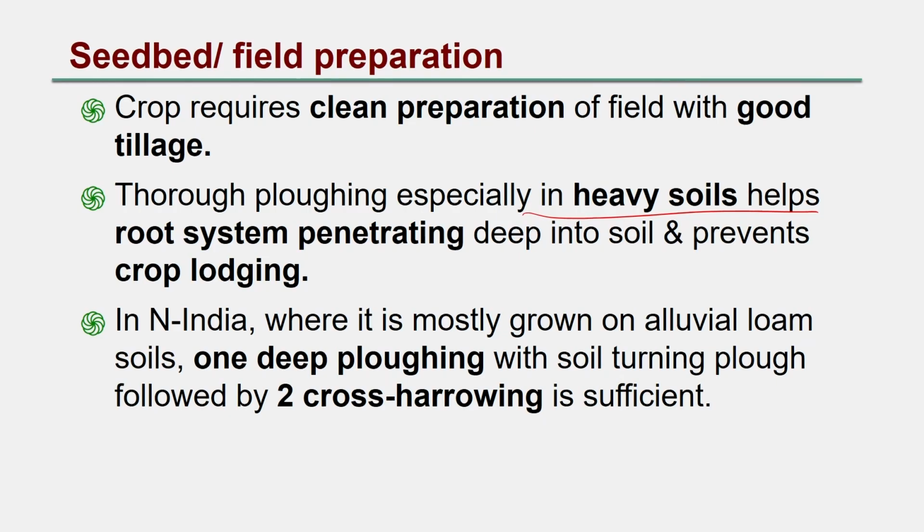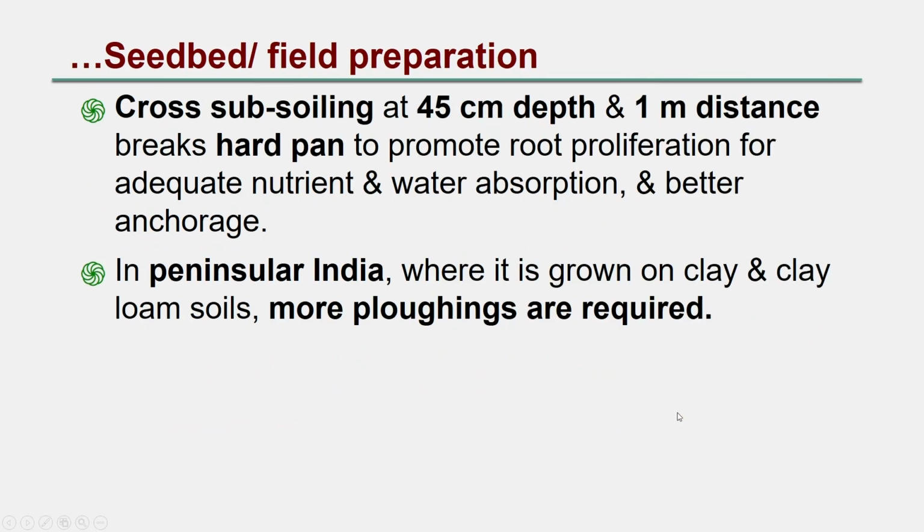In North India, where it is mostly grown on alluvial loam soils, one deep plowing with soil turning plough followed by 2 cross harrowings is sufficient. Cross subsoiling at 45 cm depth and 1 meter distance breaks hard pan to promote root proliferation for adequate nutrient and water absorption and better anchorage.